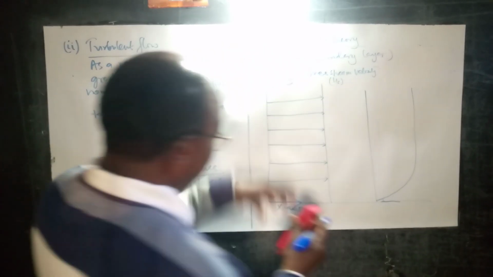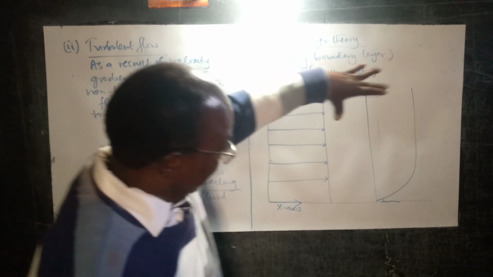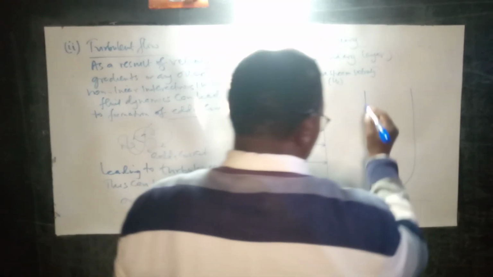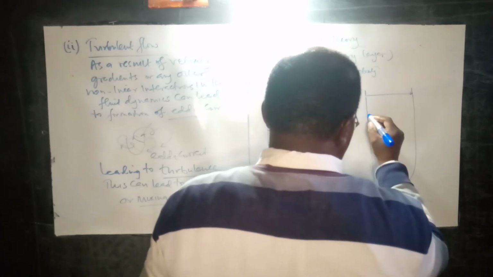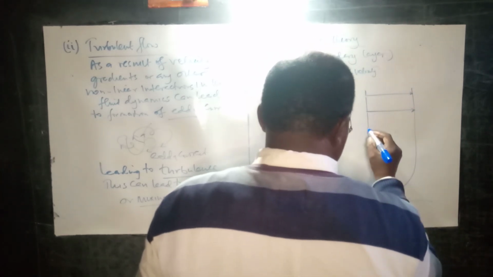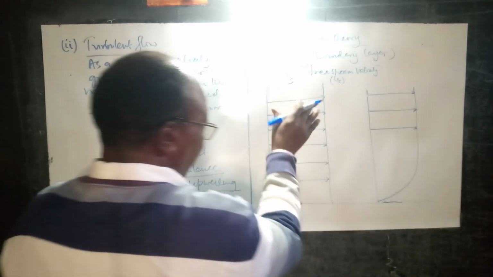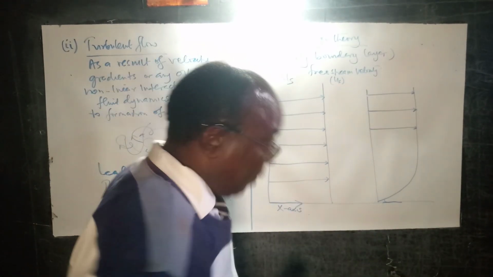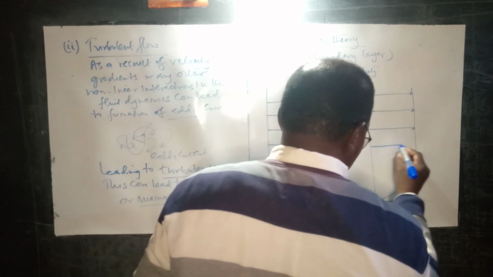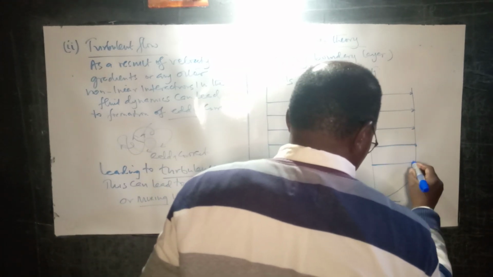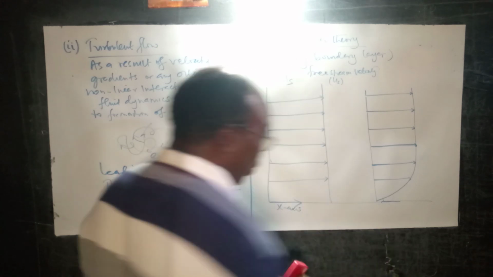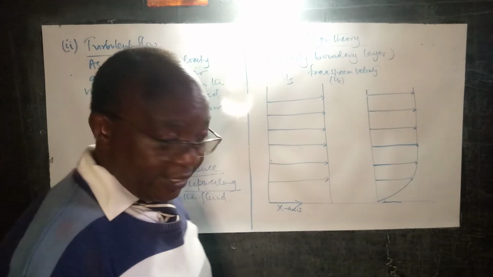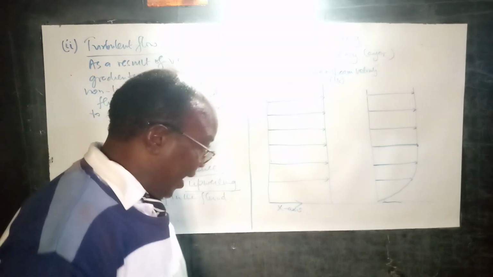Notice that I want this width to be the same as that there. And so what does that mean? When I say that this width is the same as this width there, then of course the velocities are the same. And of course you notice that here the width decreasing is not the same as that one, so definitely the velocities are not the same.